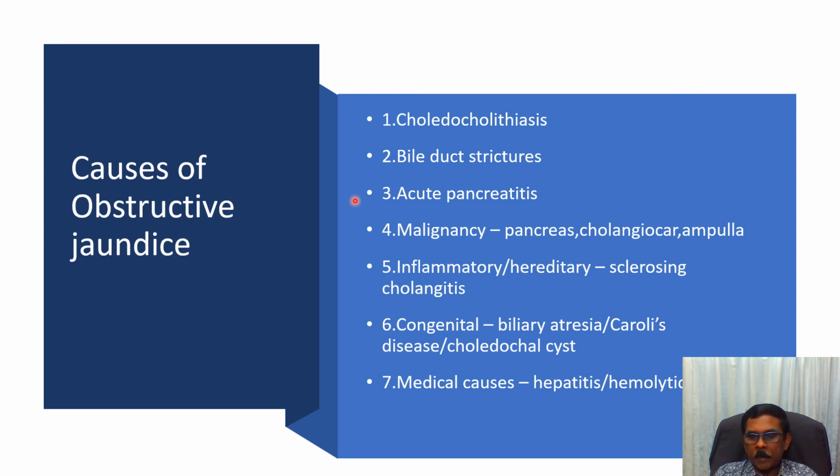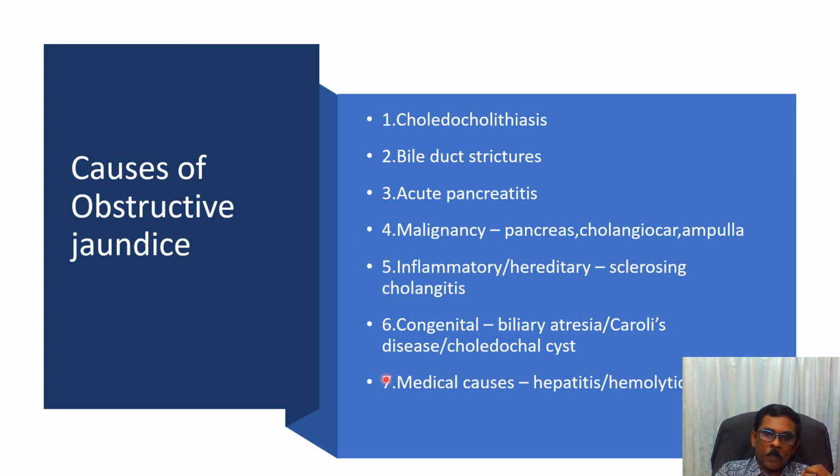Acute pancreatitis is another common cause of obstruction of the lower end of the CBD, resulting in acute CBD obstruction and jaundice. Malignancy, especially of the head of the pancreas, cholangiocarcinoma and ampullary carcinoma, must all be considered in chronic, painless jaundice, and in patients who are advanced in age.